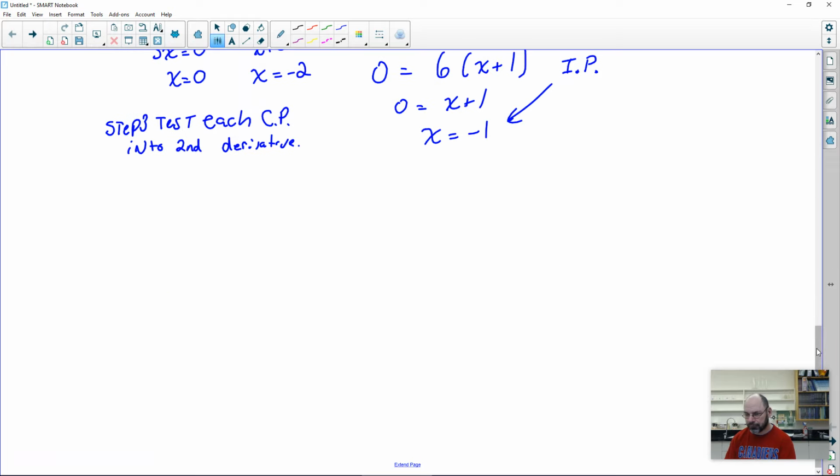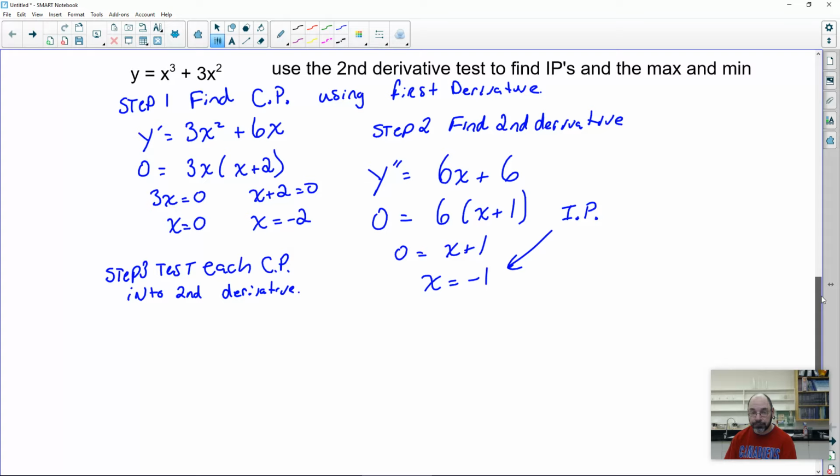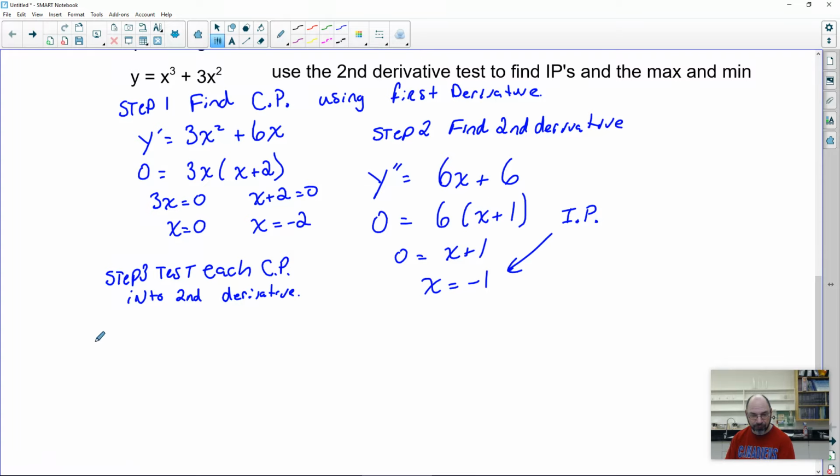Let's do that. Our second derivative is y prime prime equals 6x plus 6. Now we're going to put in 0. Y prime prime equals 6 times 0 plus 6, so y prime prime equals 6. It's a positive 6, so there is a minimum at x equals 0.